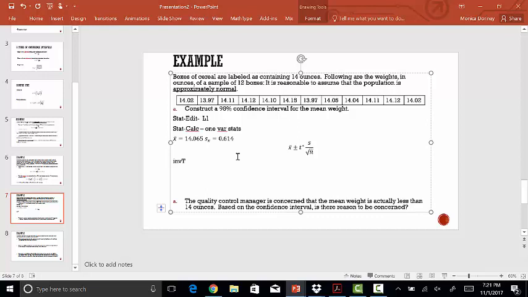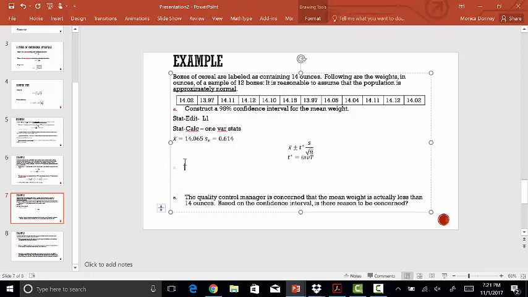And the way you're going to type that in, so again, this is for t star. Let me change my type. t star equals inverse t. And then we're going to type in our confidence interval just like we did before.